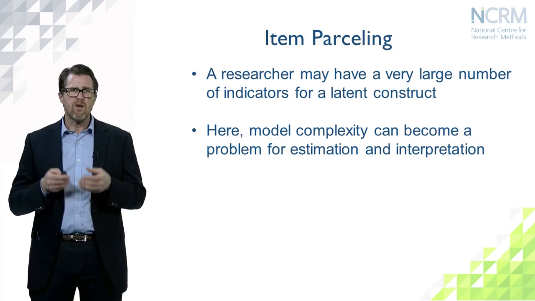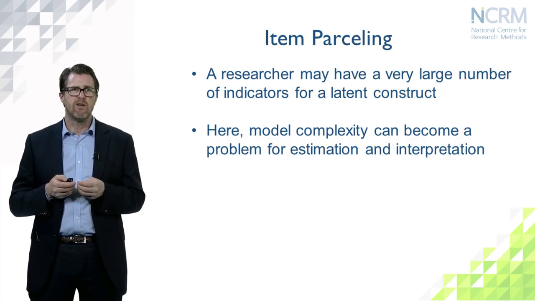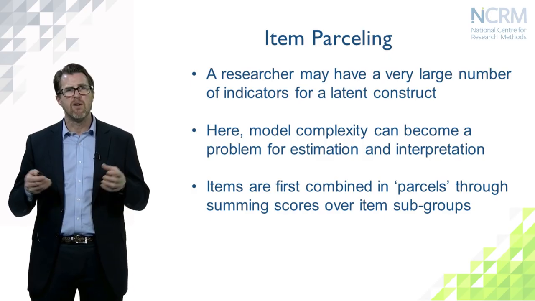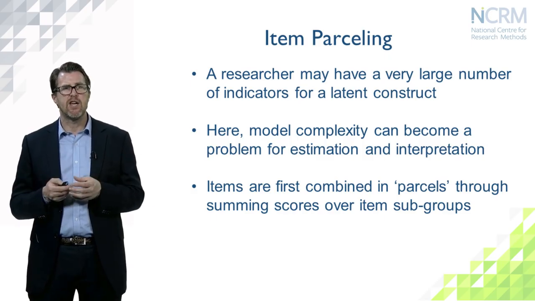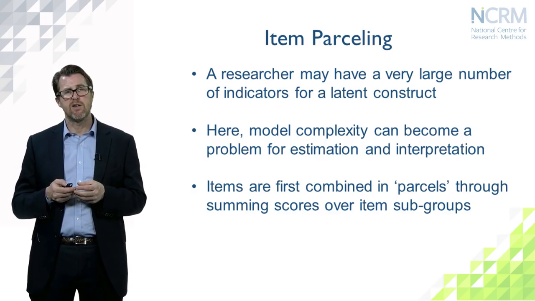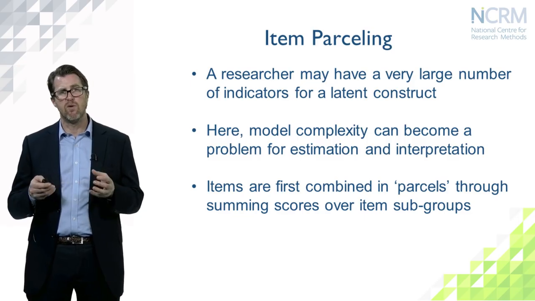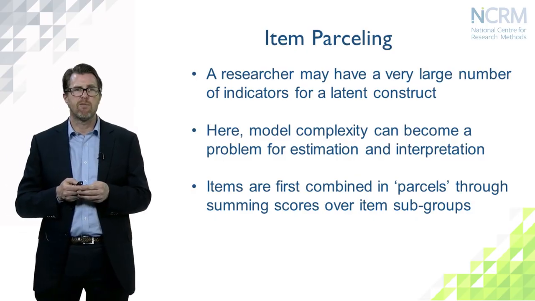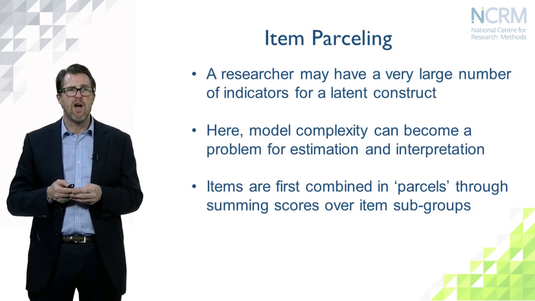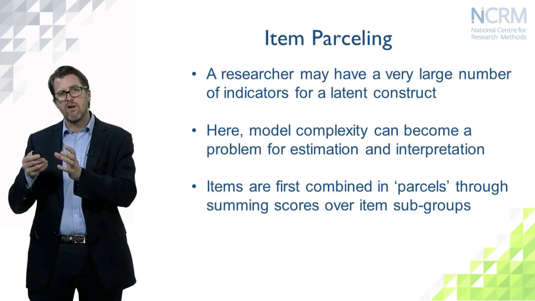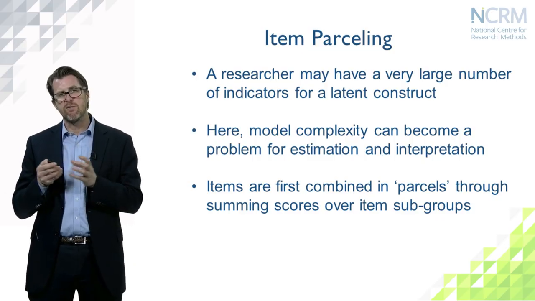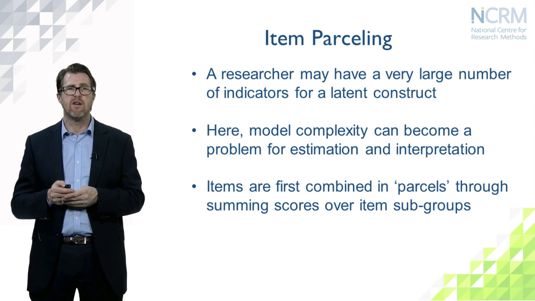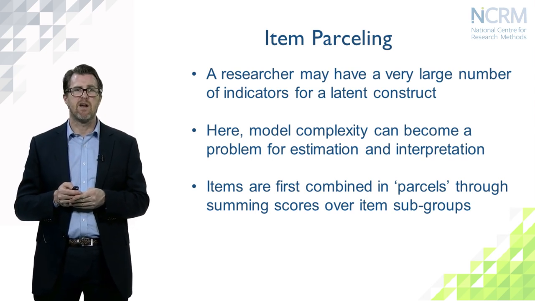So when in this situation, researchers will sometimes use an approach called item parceling, which is a first stage of taking summed scores, adding up the scores for those large numbers of items, or for subsets of those items. And then those subgroups of parcelled items, or sum scales, act as the observed indicators for the latent variables.